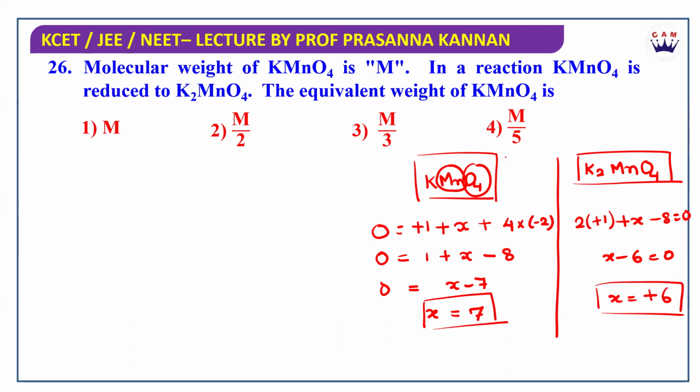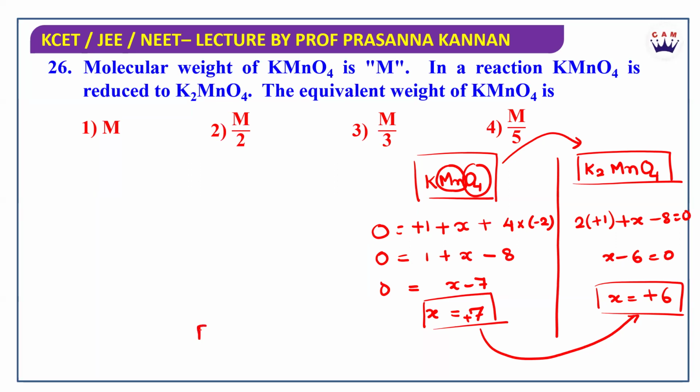So when KMnO4 converts to K2MnO4, what happens to the oxidation state of manganese, Enoch? It decreases by 1, right? So that number is what you need to divide.